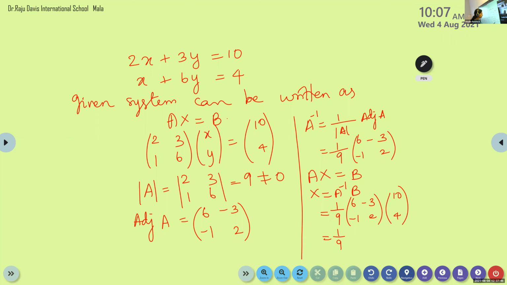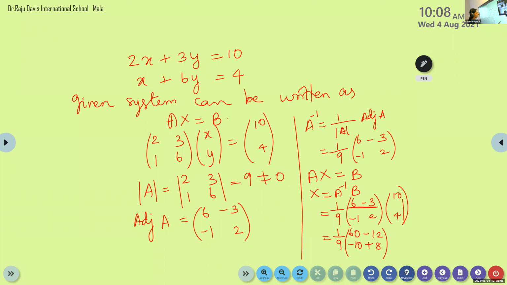So now do the multiplication. Let 1 by 9 be outside. Multiply row with column: 60 minus 12, and minus 10 plus 8.